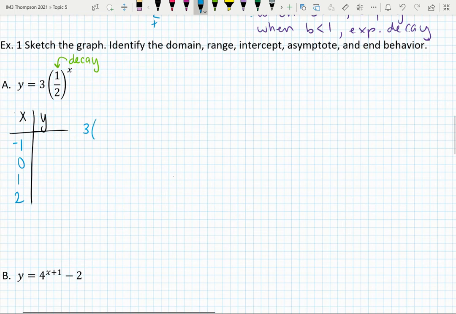So if I have 3 times 1/2 to the negative 1, when I have a negative in the exponent, I take the reciprocal. The reciprocal of 1/2 is 2. 3 times 2 gives me 6.